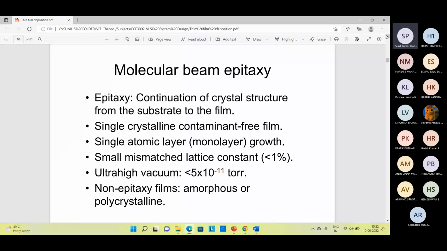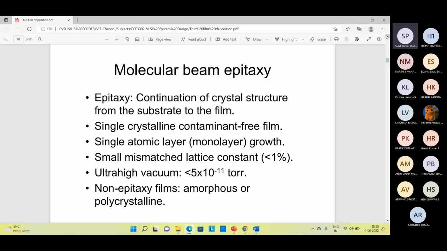So you can deposit a single layer of any two-dimensional material onto the substrate, or any single atomic layer growth can be possible with this technique. A small lattice constant mismatch of less than 1% is also achievable in molecular beam epitaxy.